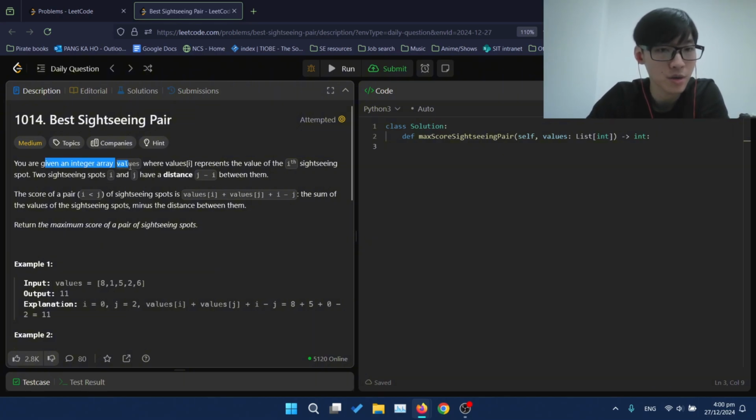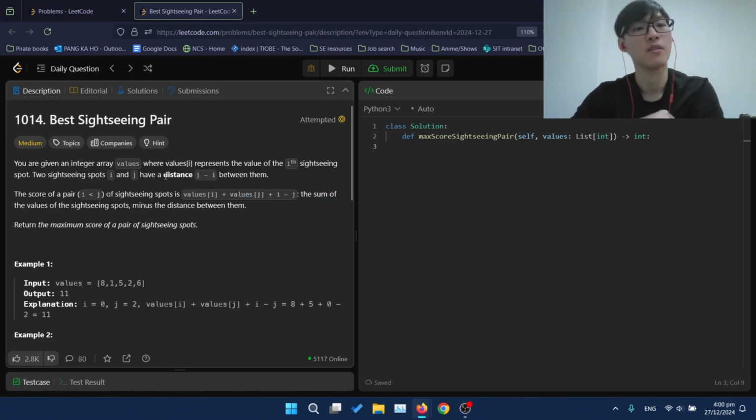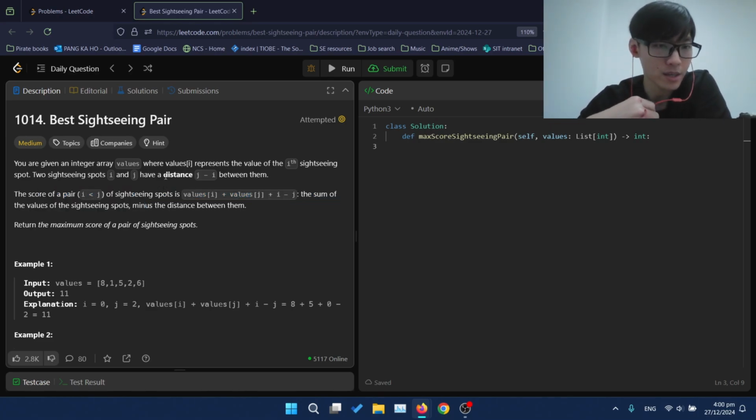So you're given an integer array values where values[i] represents the value of the i-th sightseeing spot. Two sightseeing spots have a distance of j minus i between them. The score of a pair where i is less than j of sightseeing spots is values[i] plus values[j] plus i minus j. Okay, the sum of the values of the sightseeing spots minus the distance between them.